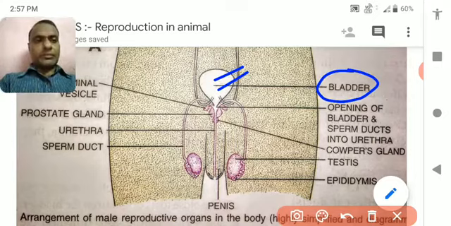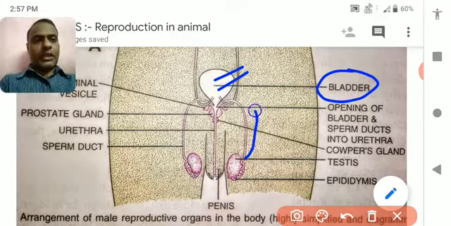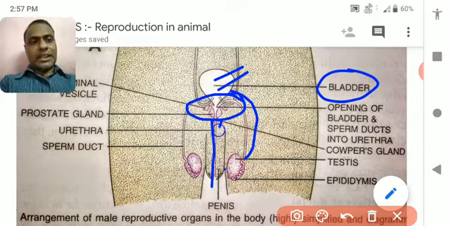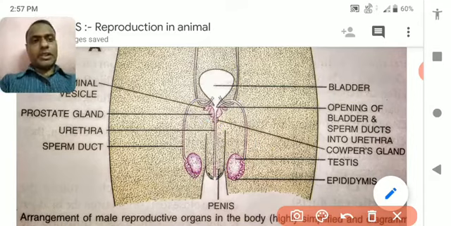into the urethra. So in that case, you can see the sperm duct directly opens into this pipe or duct.